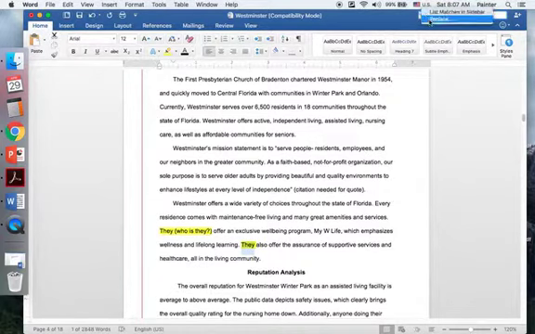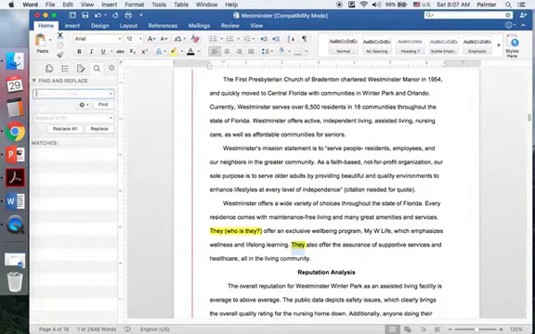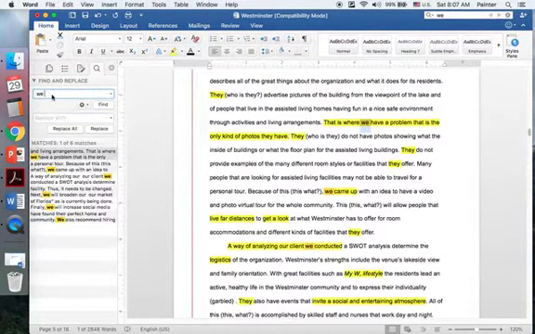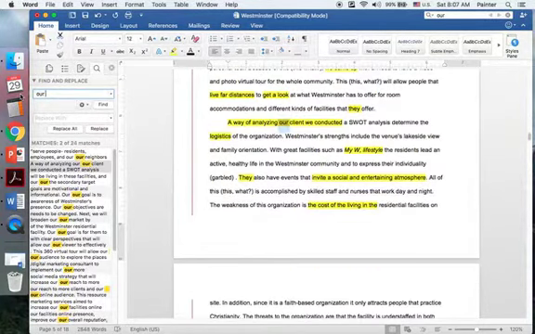In addition to "they," there's quite a bit of first-person narration. We can see here there are eight uses of "we" and 24 uses of "our." So that's 32 instances of first-person narration, which is excessive and inappropriate and needs to be changed.